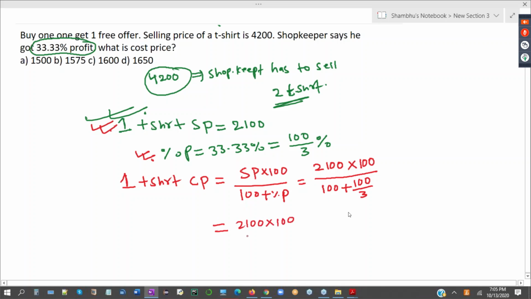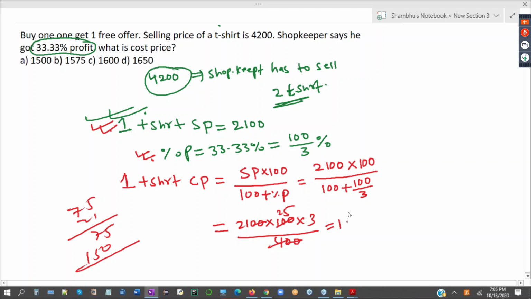So 2,100 into 100 into 3 divided by 400. Got cancel. So can you tell me how much it is coming? 75 into 21, 1575. So one t-shirt cost price is 1575.